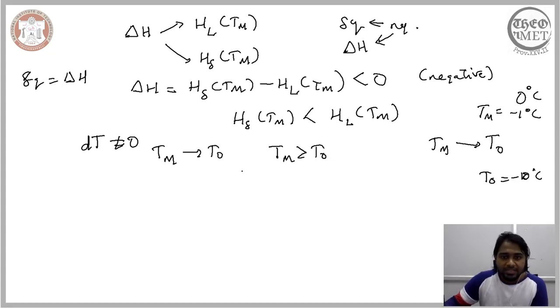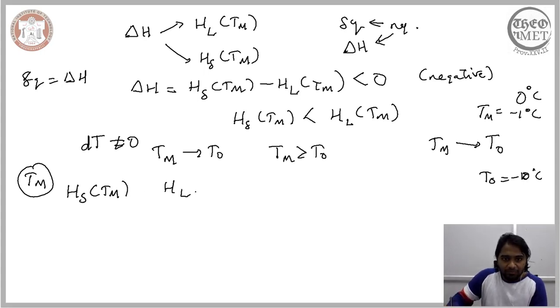Once we bring the temperature down, we have a corresponding change in the enthalpies as well. Initially we had a system at temperature Tm, so we had a corresponding enthalpy for the solid at Tm and a corresponding enthalpy for the liquid at Tm.